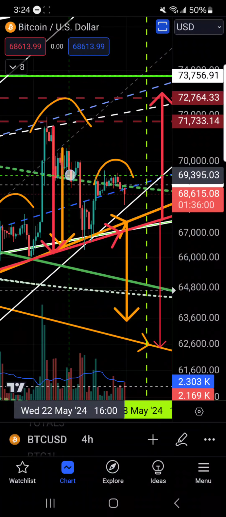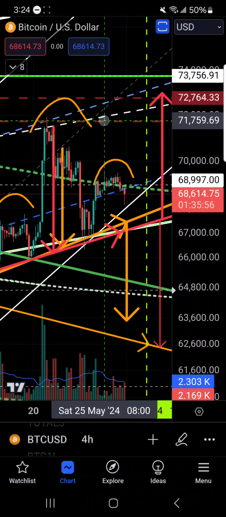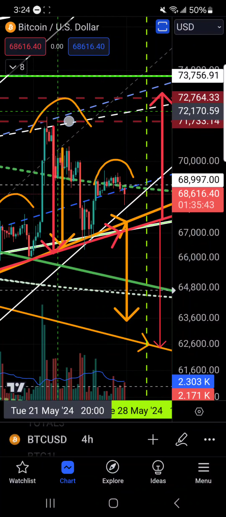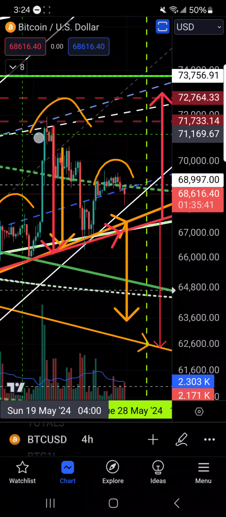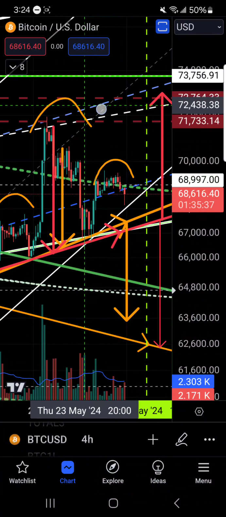this orange arrow, because that goes to the center line of the white channel we're trading in, coming off of the inverse head and shoulders. However, the tippy top of the head runs into the center line of our blue channel.